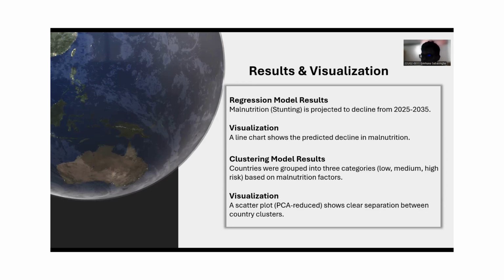These visualizations make it easier for decision makers to understand the situation at a glance. The insights from our models can help fight malnutrition more efficiently by ensuring that resources are allocated to the right places at the right time. Now, let's discuss some limitations and possible improvements to our project.